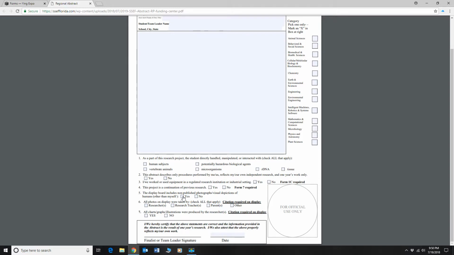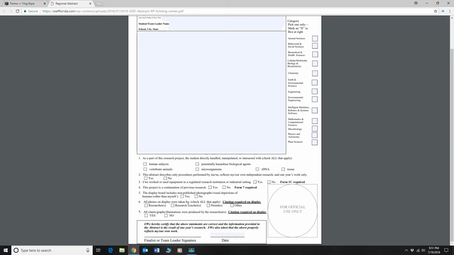They can only put pictures of adults, and if they have any pictures of adults, they must have written permission from them. Now they can use published pictures, so they can cut pictures out of magazines and take pictures offline. If they're published, they can use them, but if they're unpublished, they need permission.